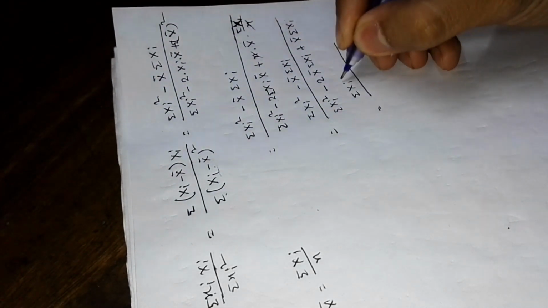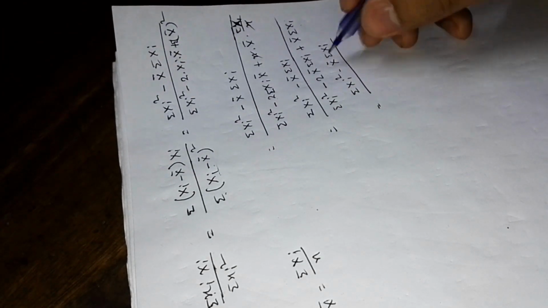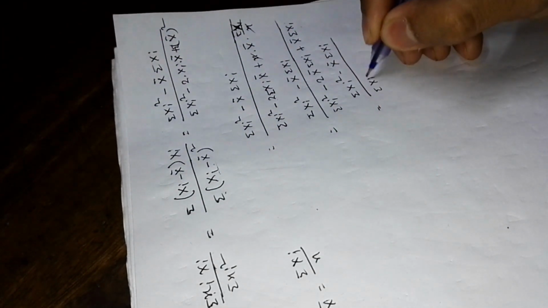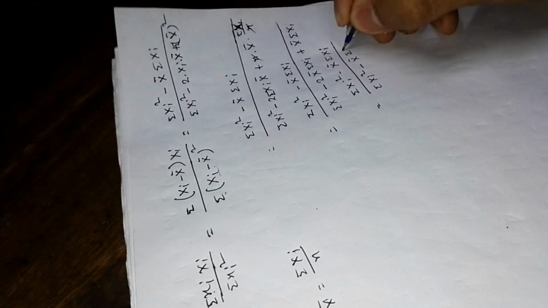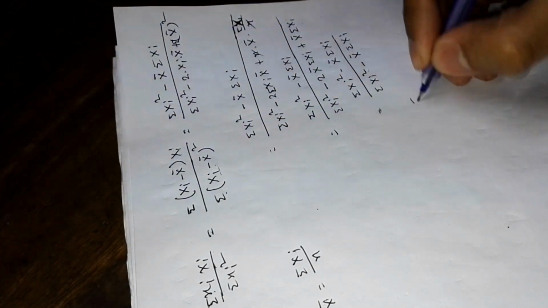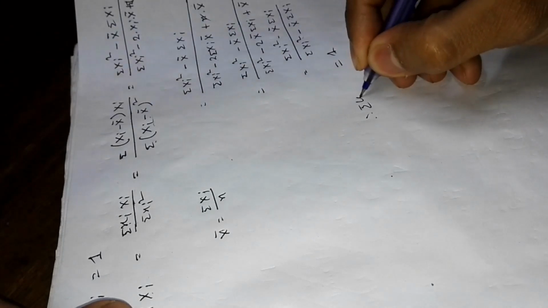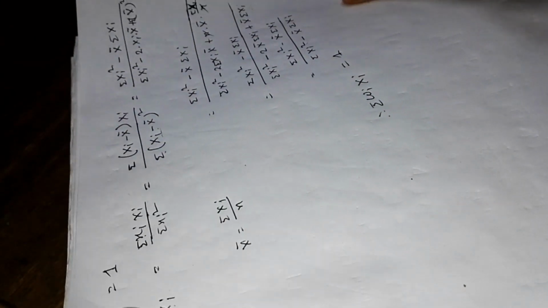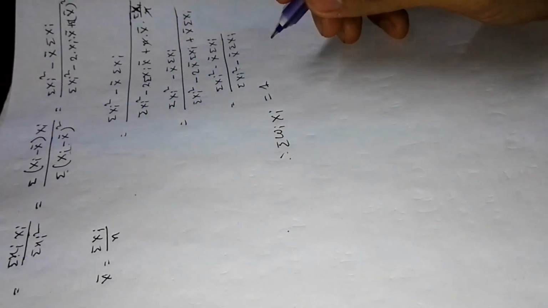We get the summation of Xi square minus x bar times the summation of Xi, so both are the same, and the value is 1. So let's check the primary portion, the summation of Wi Xi. This is how the summation of Wi Xi becomes 1. Thank you.